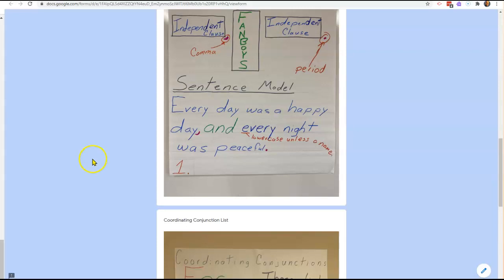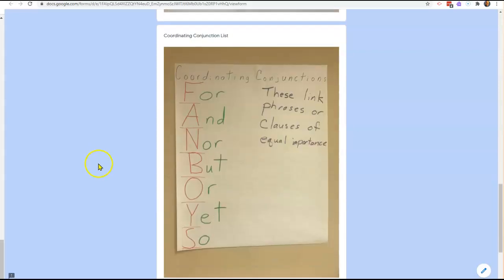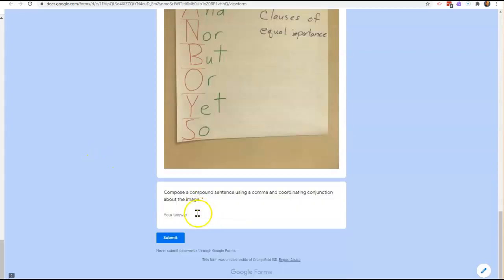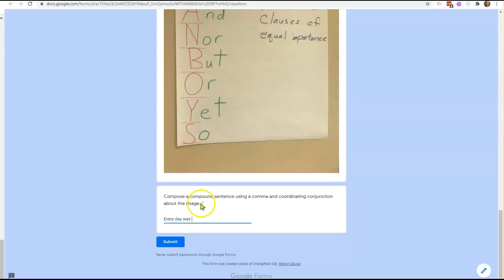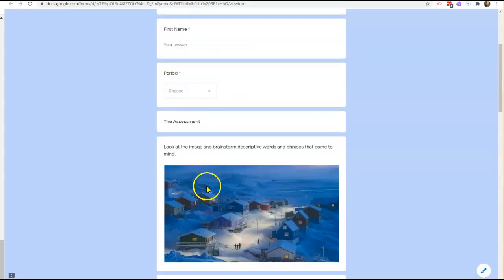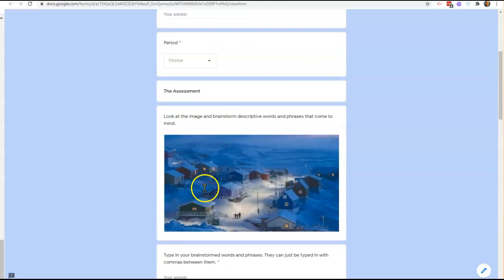Now, if I'm struggling, I may look back at my model and riff off of that. I might say, every day was... and we're looking back up at our image. See, I'm struggling because I need to look back at my brainstorming.